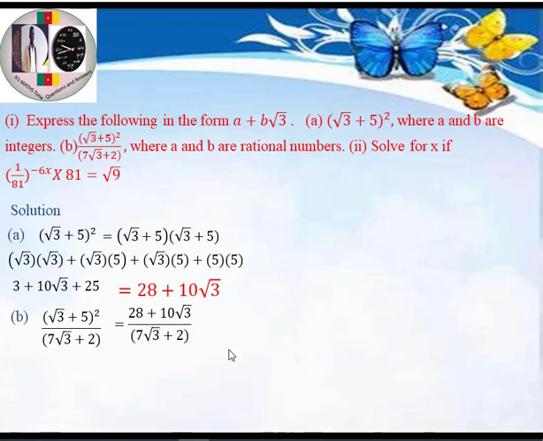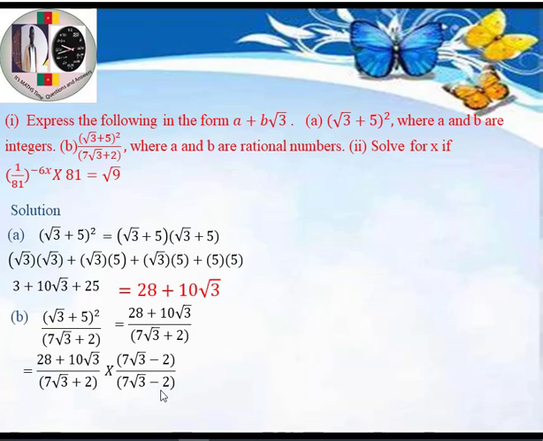In this case, we are going to multiply both the numerator and the denominator of this expression by the rationalized form of the denominator. So we have 28 plus 10 root 3 divided by 7 root 3 plus 2, times 7 root 3 minus 2 divided by 7 root 3 minus 2.